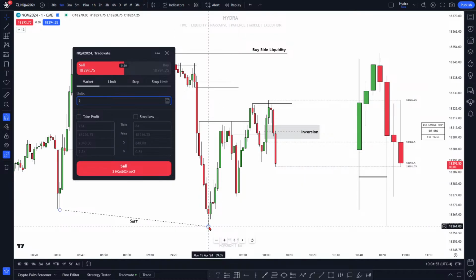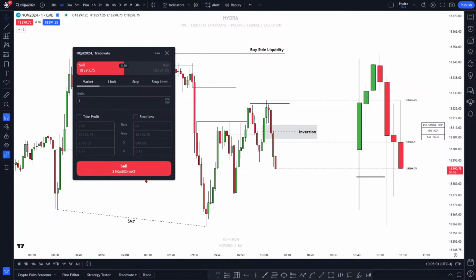Target's going to be this low. Come on, retest. See that fair value gap in between.